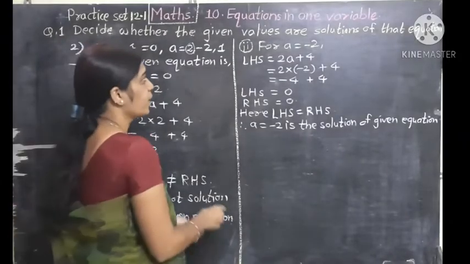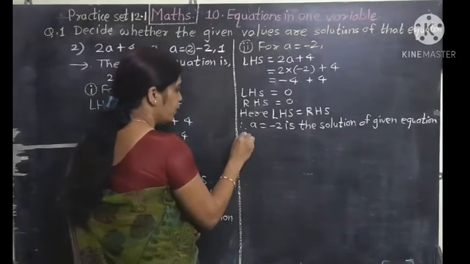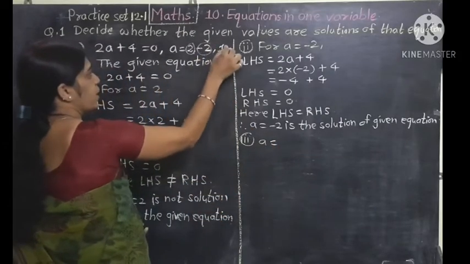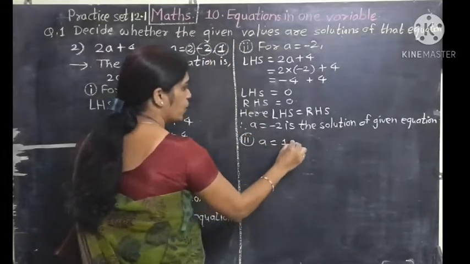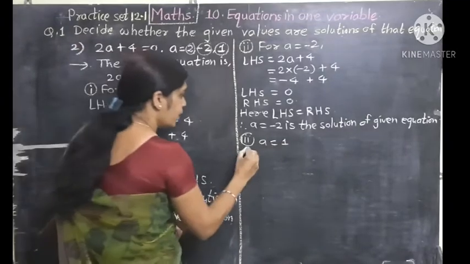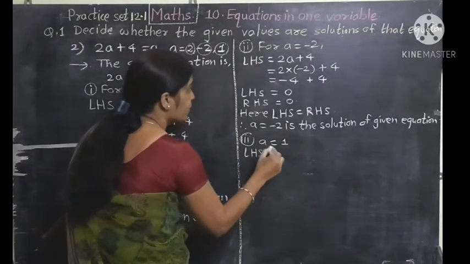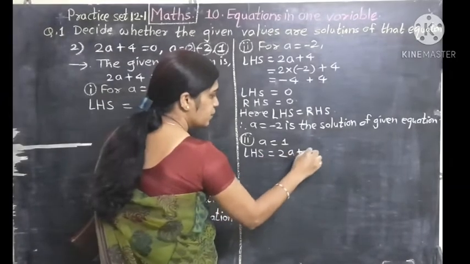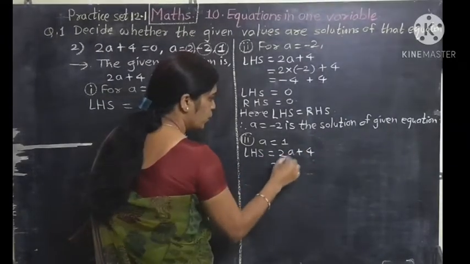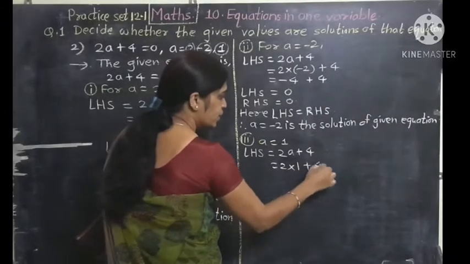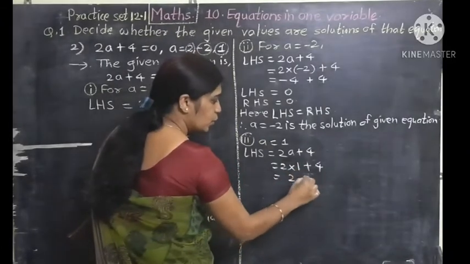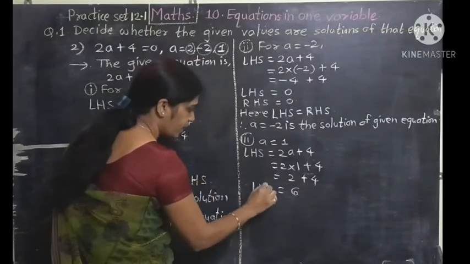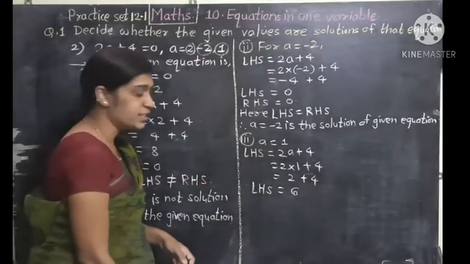Okay. And lastly, we will find for a is equal to 1. Write down LHS first. What is the LHS? 2a plus 4. 2 into what is the value of a? 1, plus 4. 2 ones are 2, 2 plus 4 means here LHS is 6.